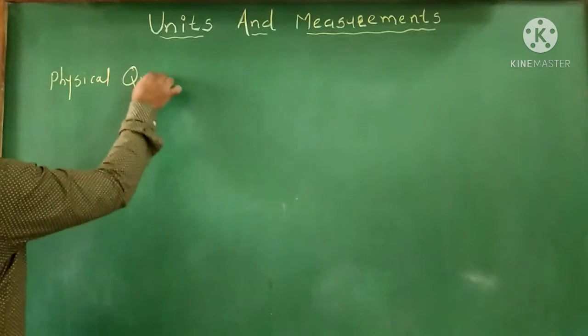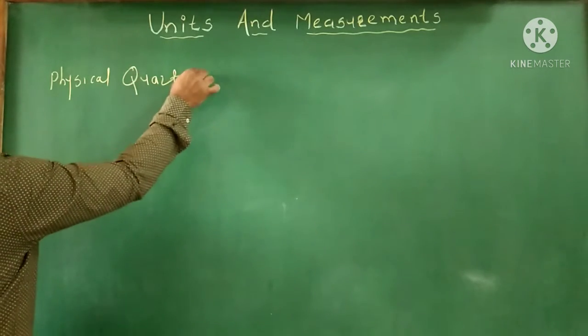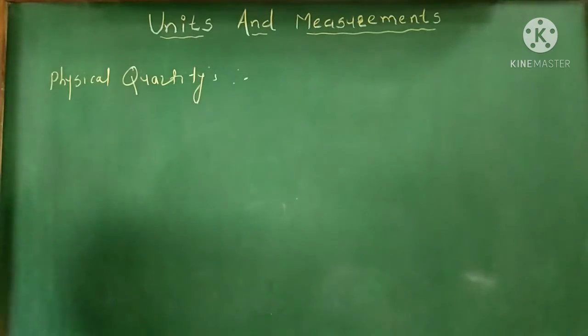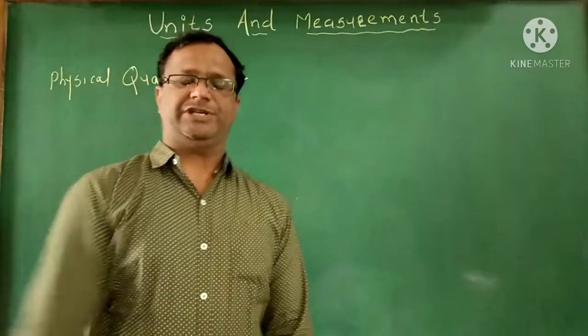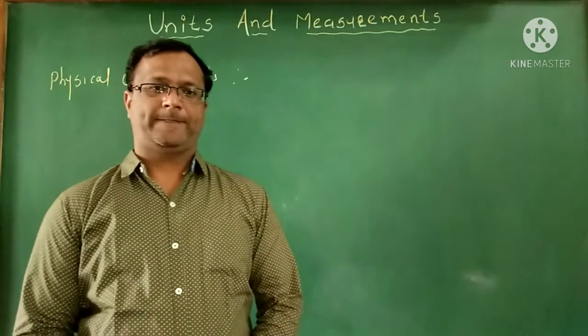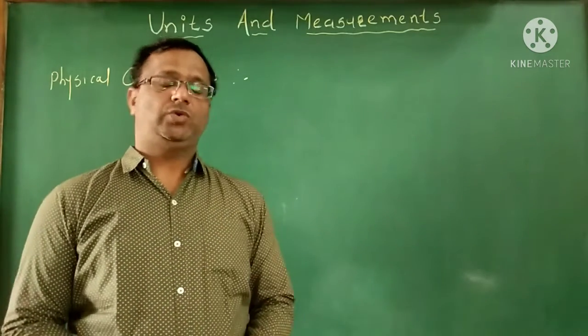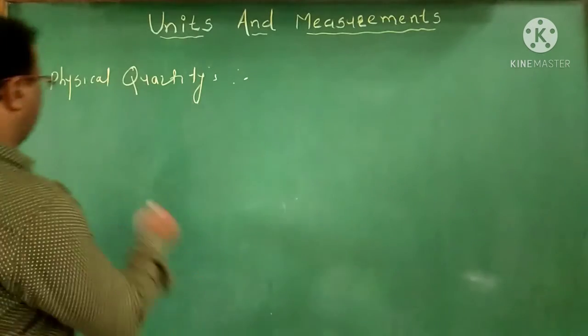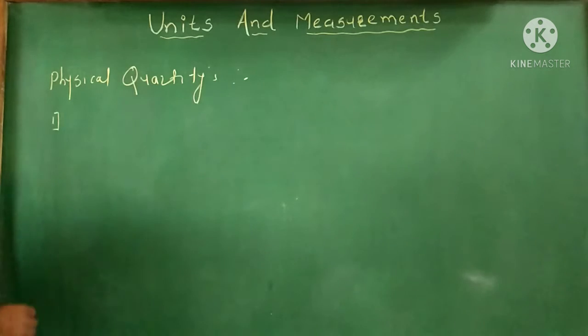Physical quantities. In physics, there are two types of physical quantity. First is the fundamental physical quantity.